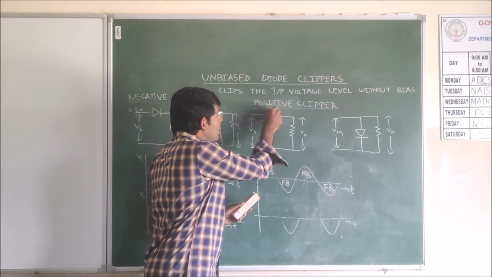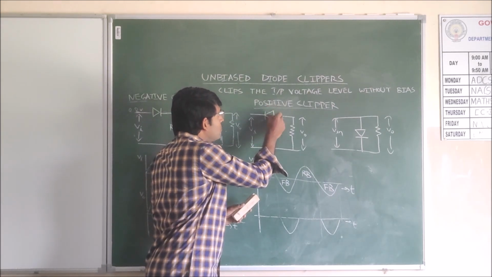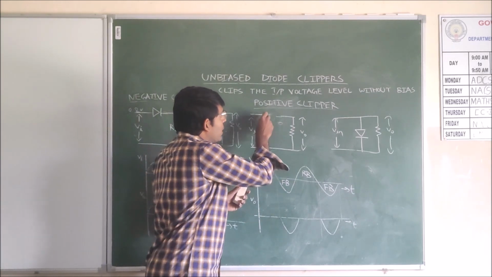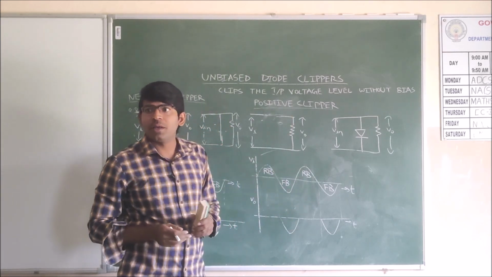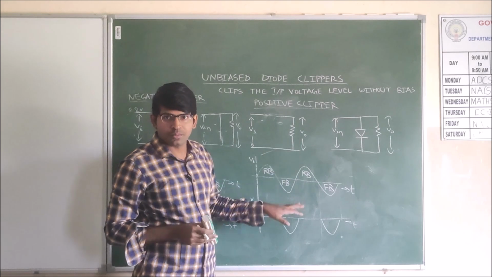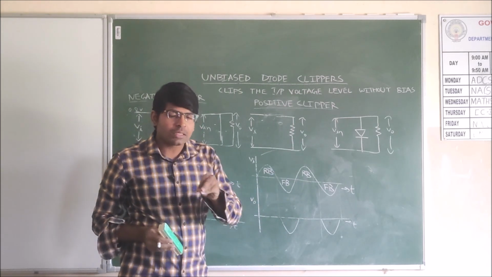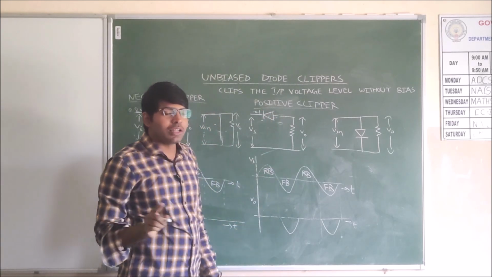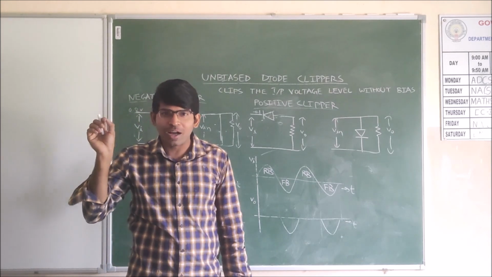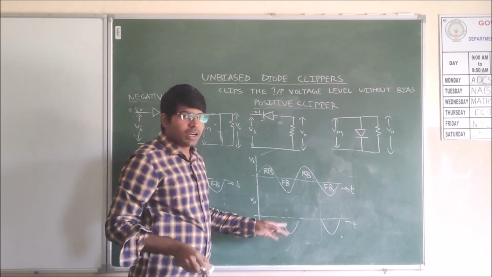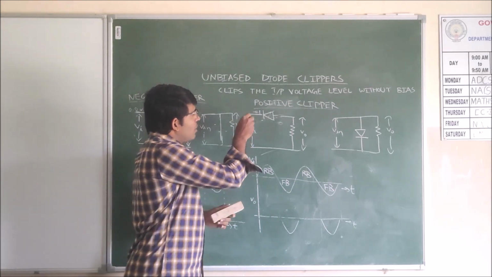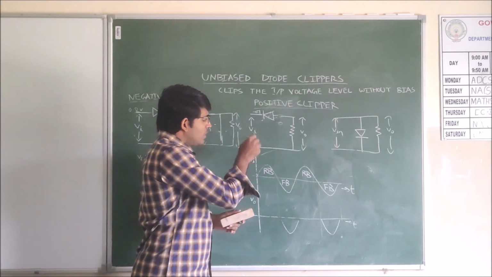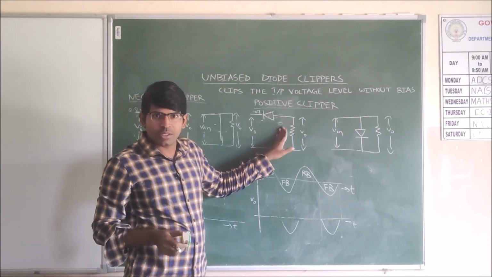During the negative half cycle, this diode is forward biased and the negative waveform appears across the resistor. But in the practical scenario, as we discussed already, even if we give minus 0.1, the diode is still not forward biased, so the entire wave will not appear across the load. Only when we supply more than minus 0.7 is the diode forward biased. If we supply minus 0.8, the diode is forward biased.